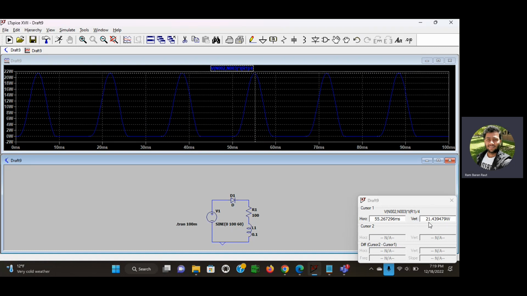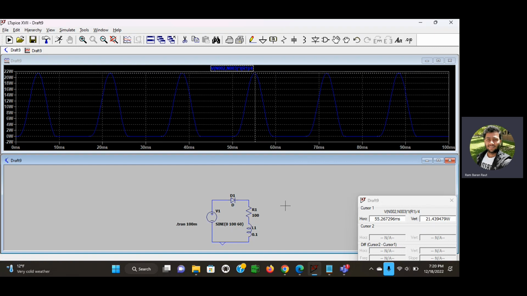This is the average power consumed by the resistor, which is 21.4394. We had before 0.462 squared multiplied by 100, which is quite the same. So we can analyze this circuit with this.